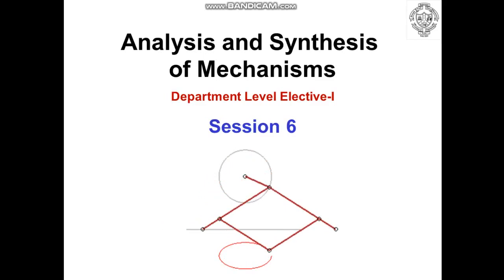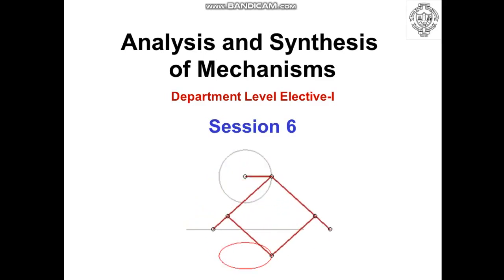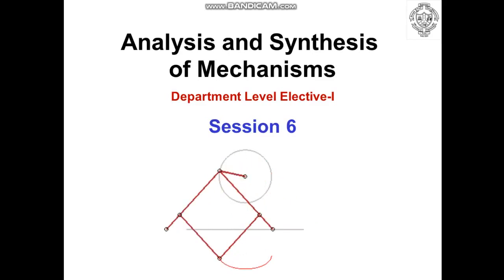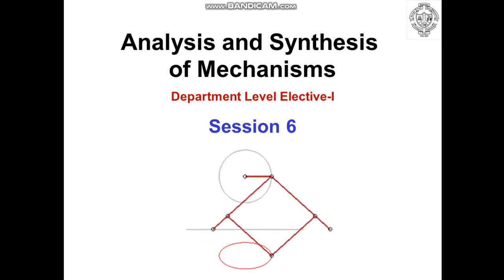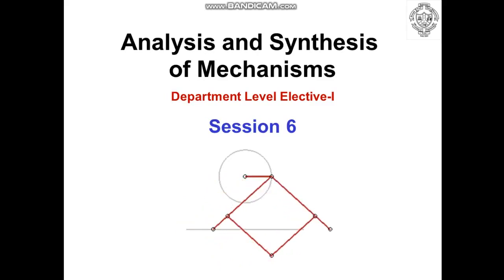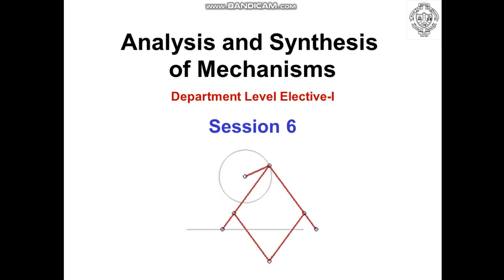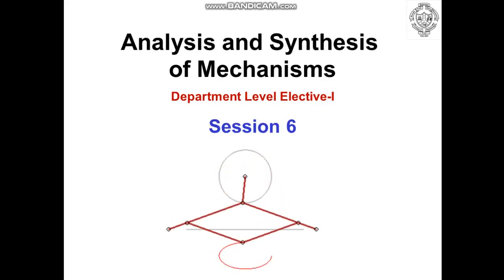Let us assume that while designing a mechanism, the general requirement is that the output link should either rotate or oscillate or reciprocate according to a specific function of time or function of input motion. That is why it is considered to be function generation.